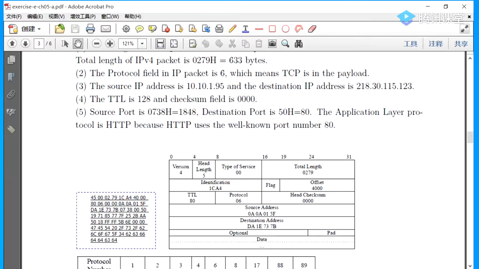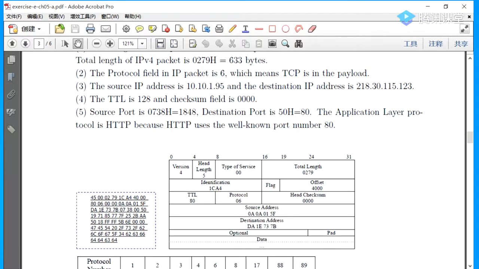Then TTL here is 80 in hexadecimal. In decimal notation, 80 in hexadecimal is 128, right? Then the checksum field is 0.